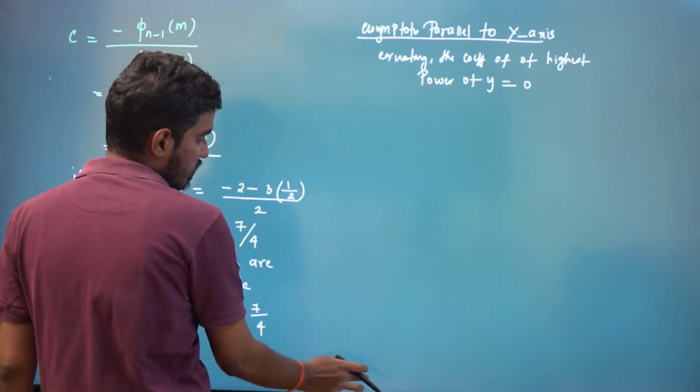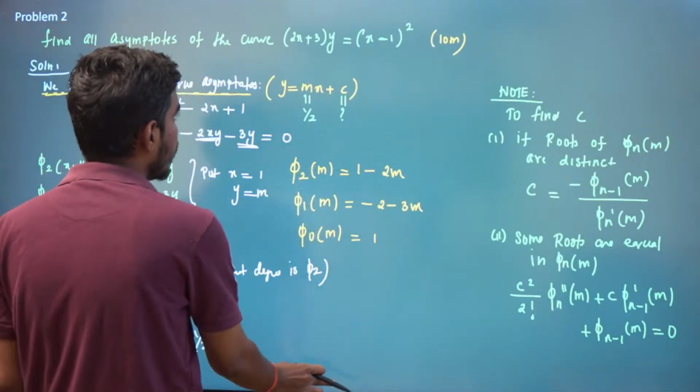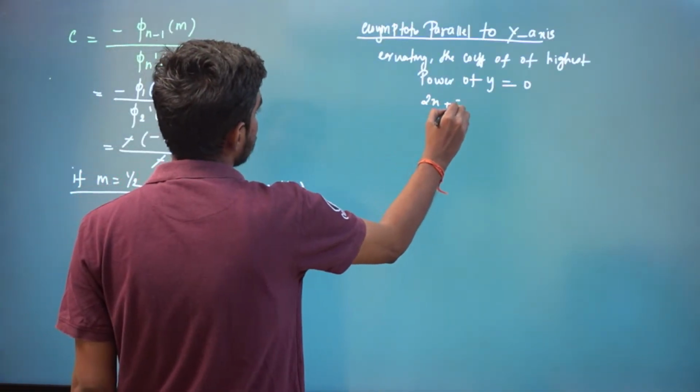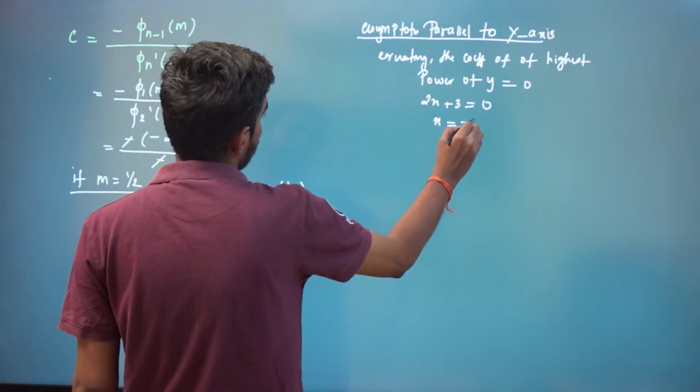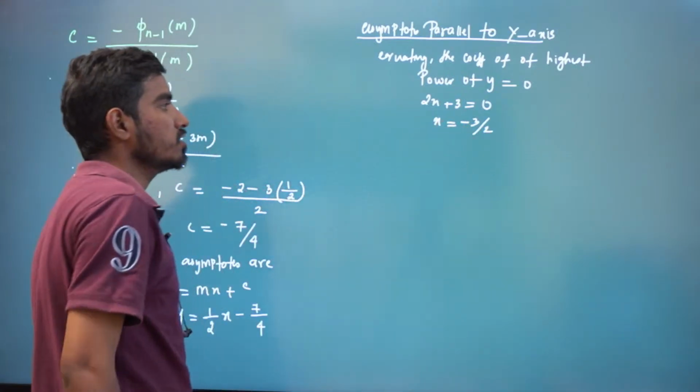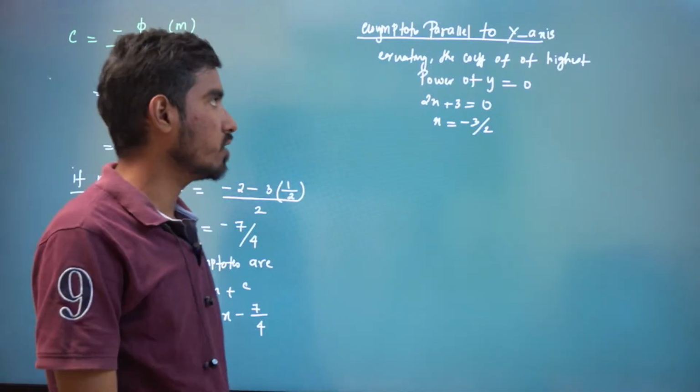So here the highest power of y is 1, right? So I'm equating 2x plus 3 is equal to 0. That means x is equal to minus 3 by 2. So this is an asymptote that is parallel to y-axis, right? We have an asymptote that is parallel to y-axis.